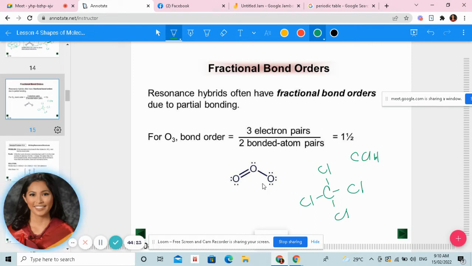Now, if we are going to calculate using this formula, how many electron pairs do we have for CCl4?